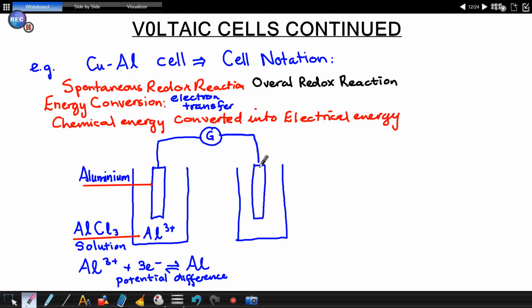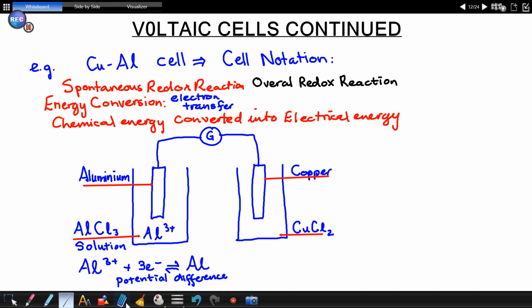Now the moment you put the piece of copper into a copper chloride solution, what will there be between the copper and the copper chloride solution? In here we've got a copper chloride solution, and that is our copper electrode. Okay? What will we have?